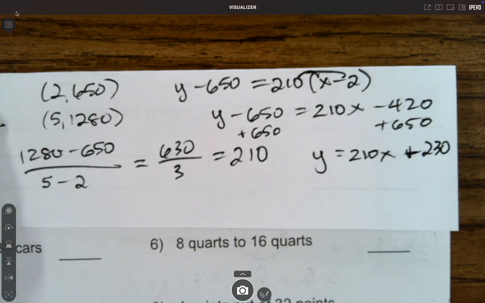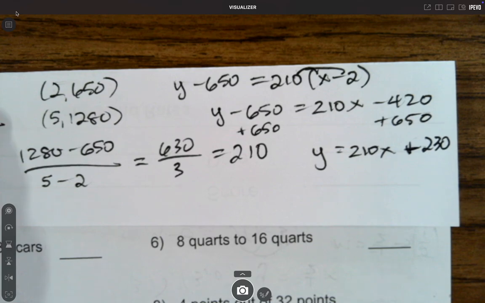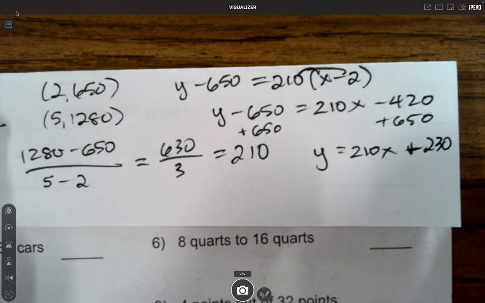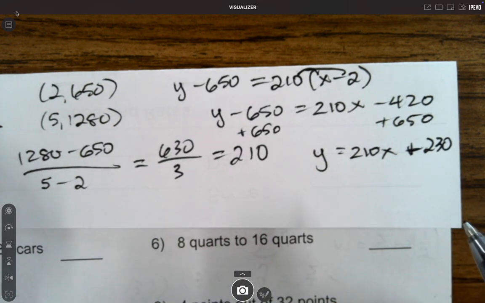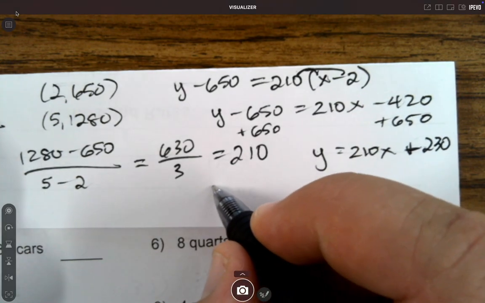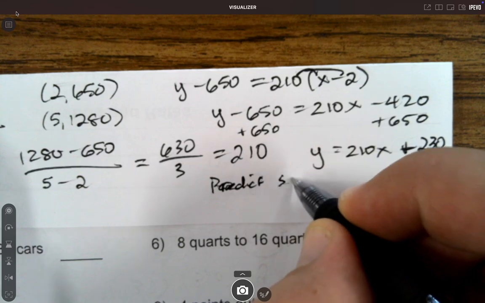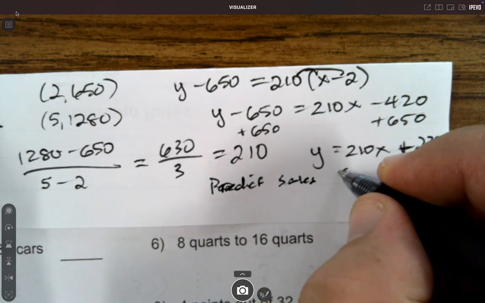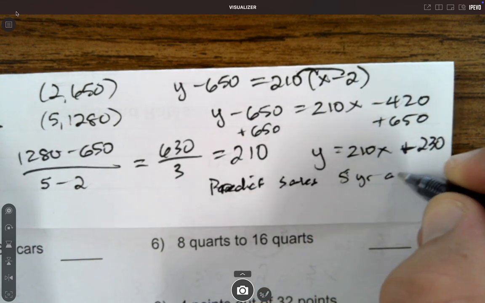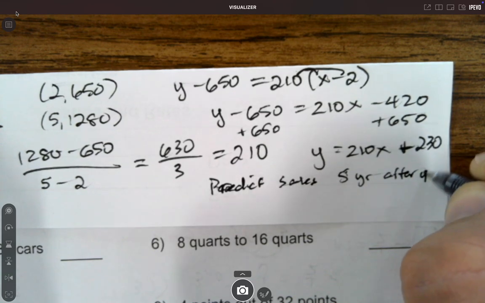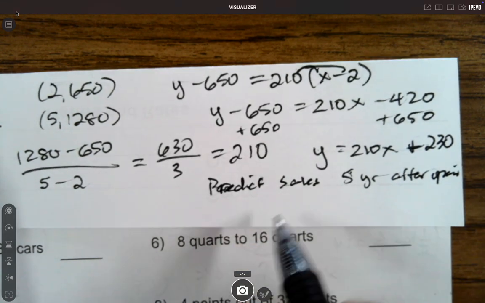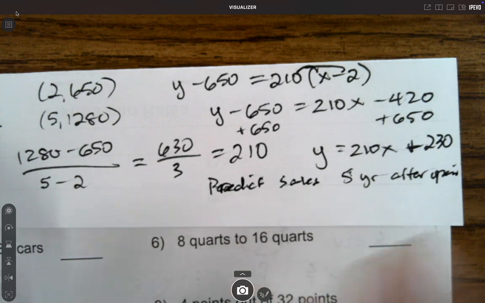Now, they didn't ask this on this question, but just to give you an example, they could ask, I'm not going to solve these, but I'm going to explain how they work. They could say, predict sales 5 years after opening.